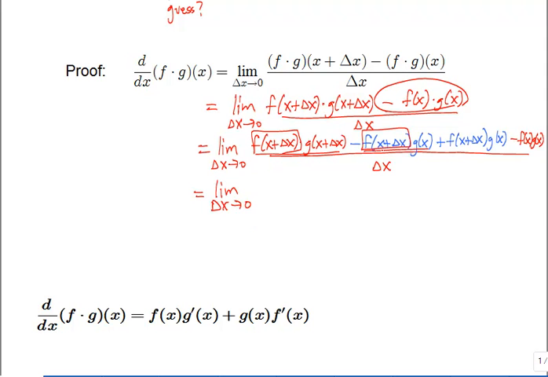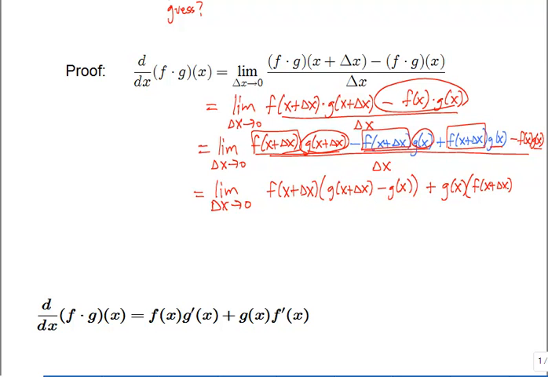So from those first two terms I'm going to factor out that f of x plus delta x, and in parentheses what would be left over is this g of x plus delta x minus this g of x. And then if I look at these two last terms on the end, they both have a g of x. So I am going to factor out a positive g of x, and in parentheses I would be left with f of x plus delta x minus this f of x.